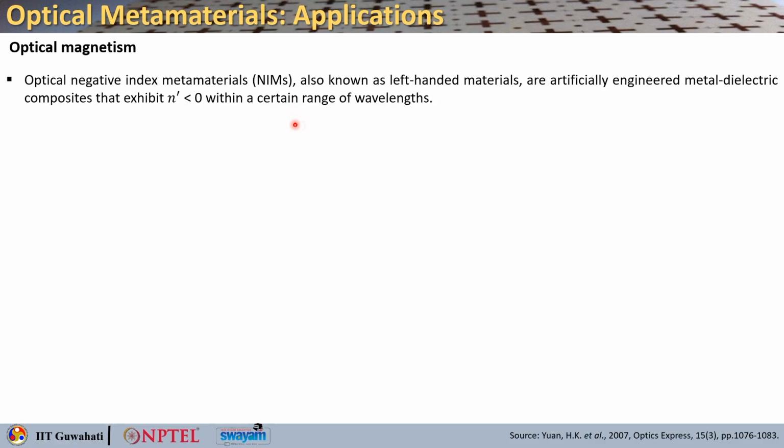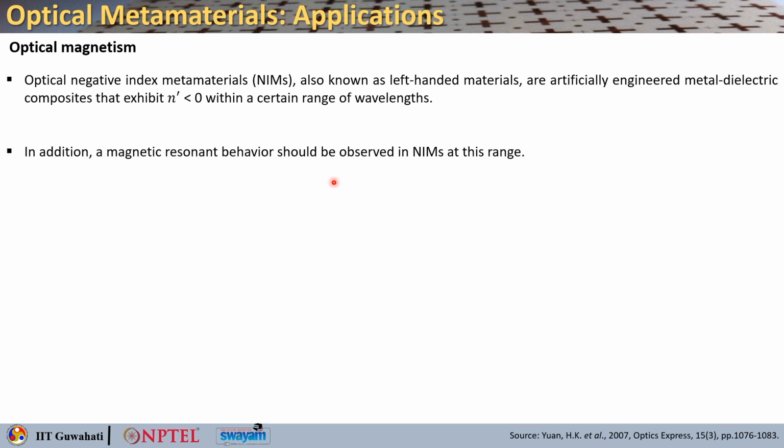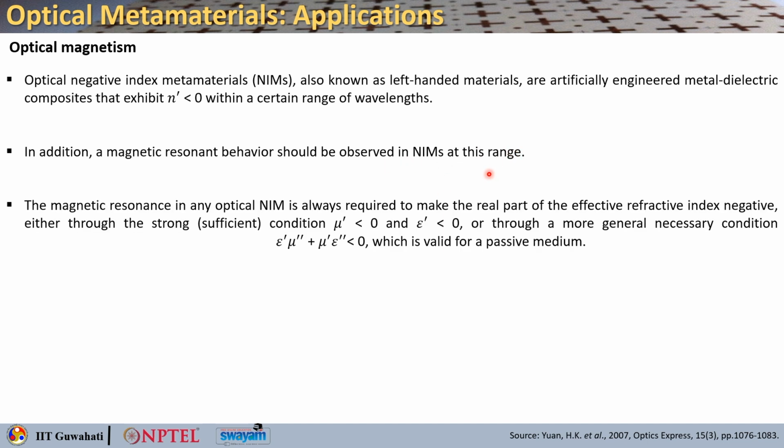Optical negative index metamaterials or NIMs, which are also known as left hand materials, are basically artificially engineered metal dielectric composites that give you n prime negative over a certain range of frequencies. In addition, a magnetic resonant behavior should also be observed for these negative index materials in this range.